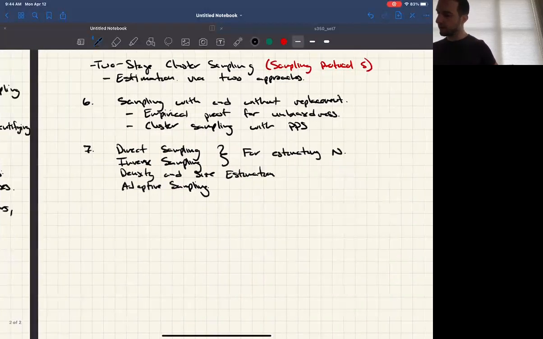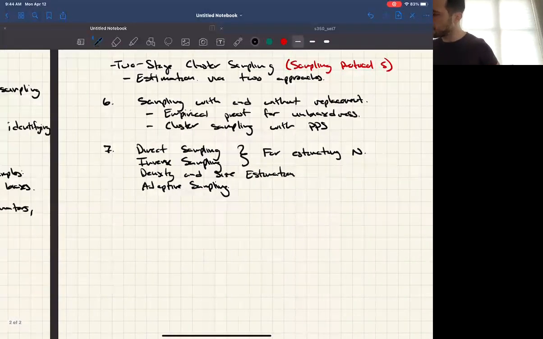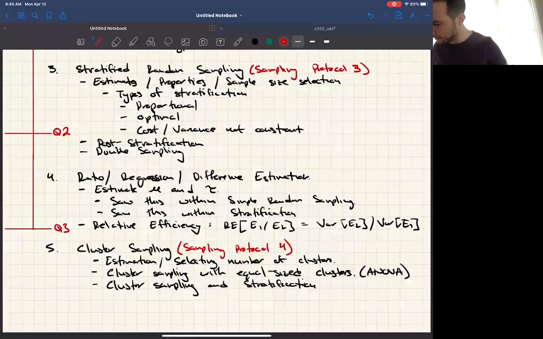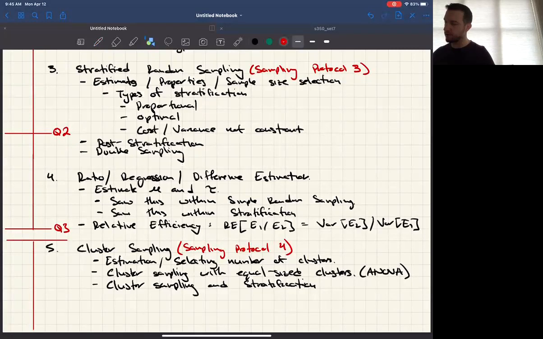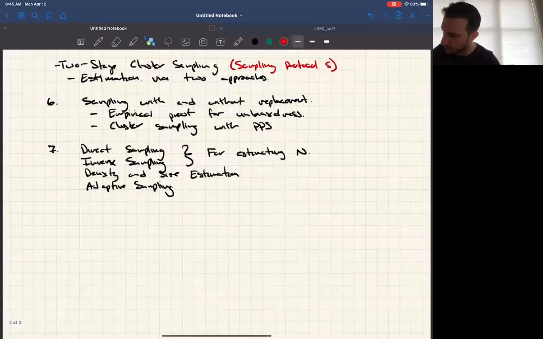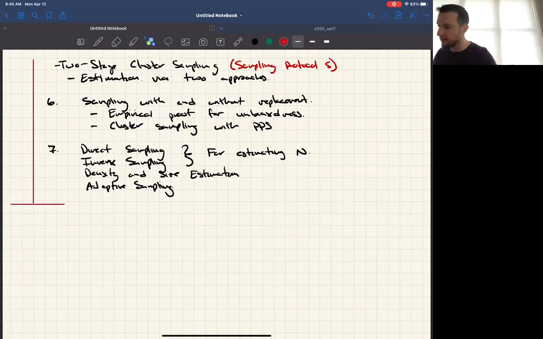Okay, so you can see that based off of what we have seen, based off of the list here, the untested material is from lecture set 5 through lecture set number 7.